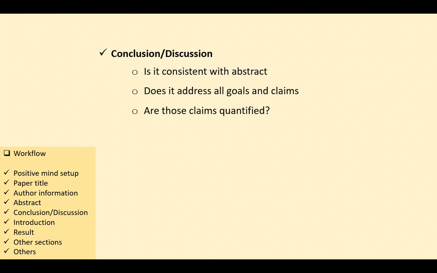In the abstract, if you see there are some objectives, the goals, right, and how they have solved it, and also claims like we did this and we did that, we found this and we found that, now it is better, you should check whether all of those claims are addressed in the conclusion as well or not.